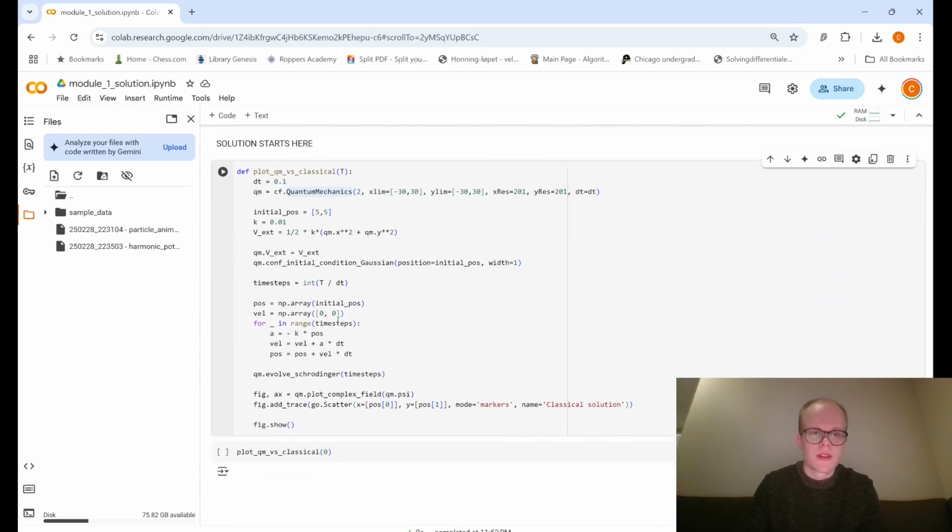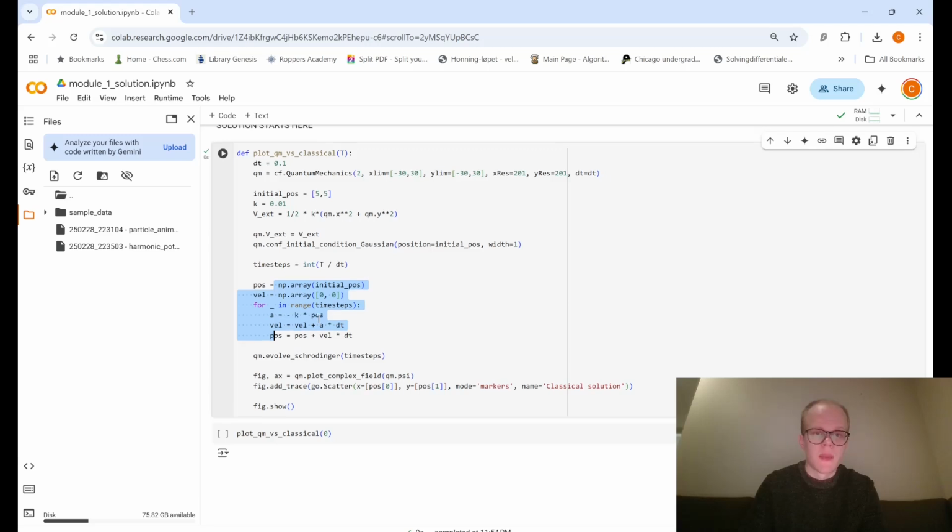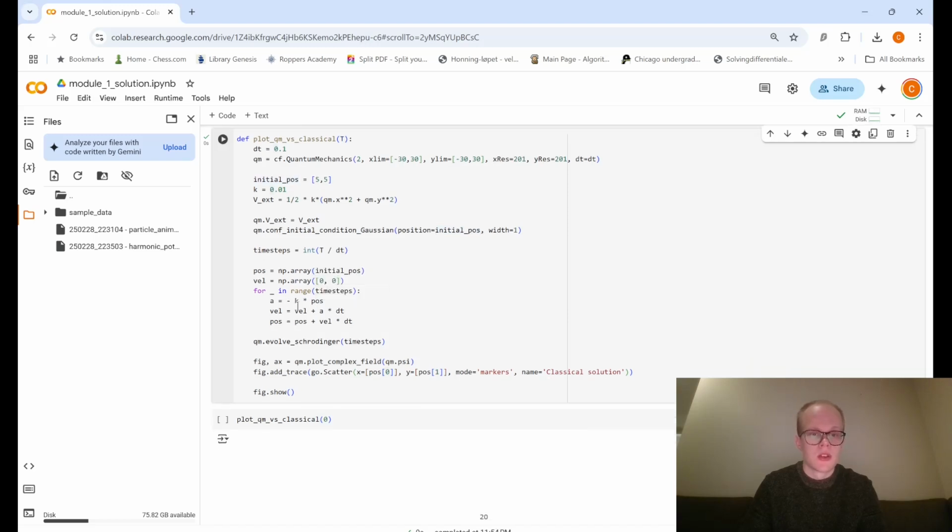I've created this little function which performs the time evolution for the time t. Here you see the classical time evolution. This is just a forward Euler integration loop. We set the initial position and velocity, and we just use this algorithm that we specified in the previous subproblem. And then right here, we use the method qm.evolve Schrodinger to evolve the quantum mechanical system.